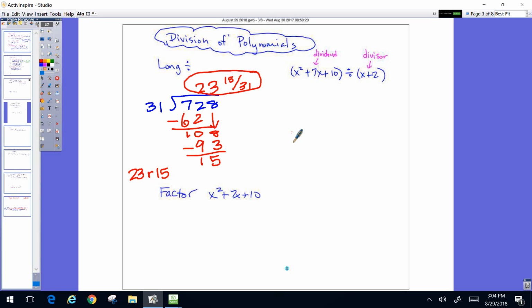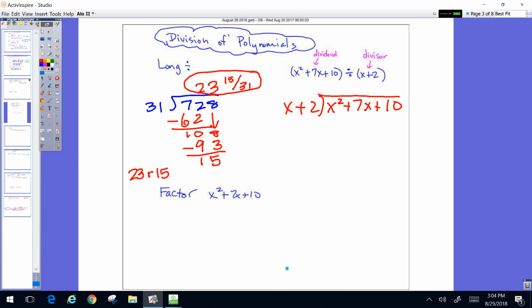All right, let's take a look at the next one. The next one is still division, but it's division of polynomials. When we have division of polynomials, what we have to do is divide the same way. We're going to take our dividend and put it under, and then we take our divisor and it goes out here.